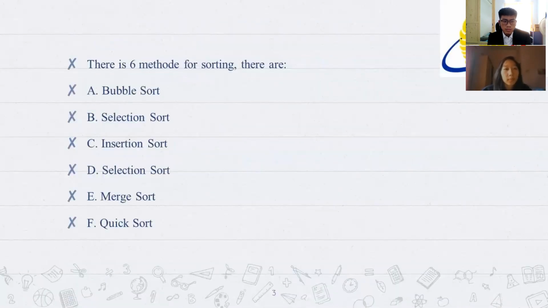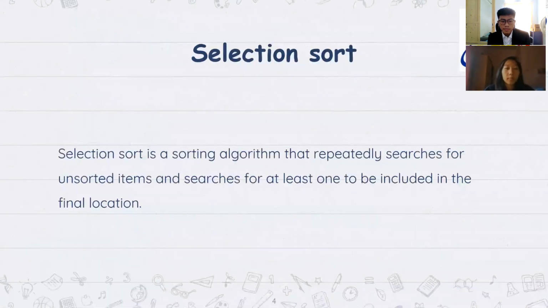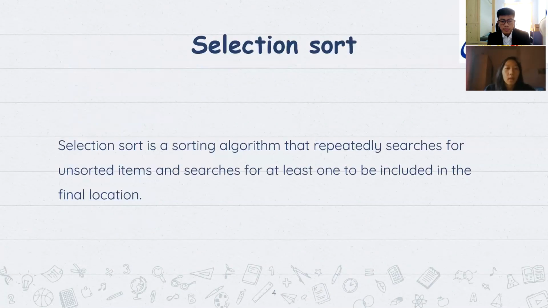And then there are 6 methods for sorting. There are first bubble sort, second selection sort, third insertion sort, fourth selection sort, fifth merge sort, and sixth quick sort. Selection sort.